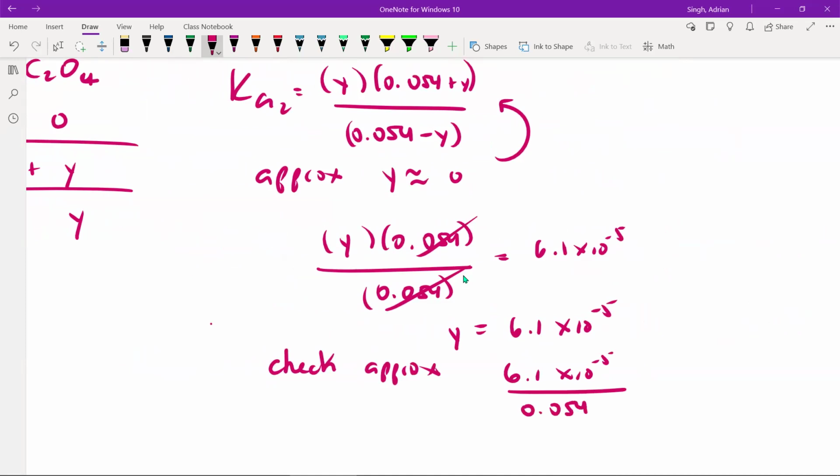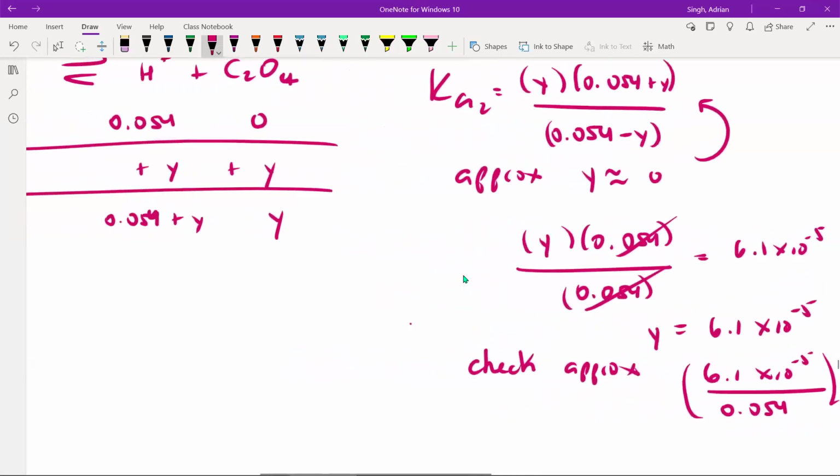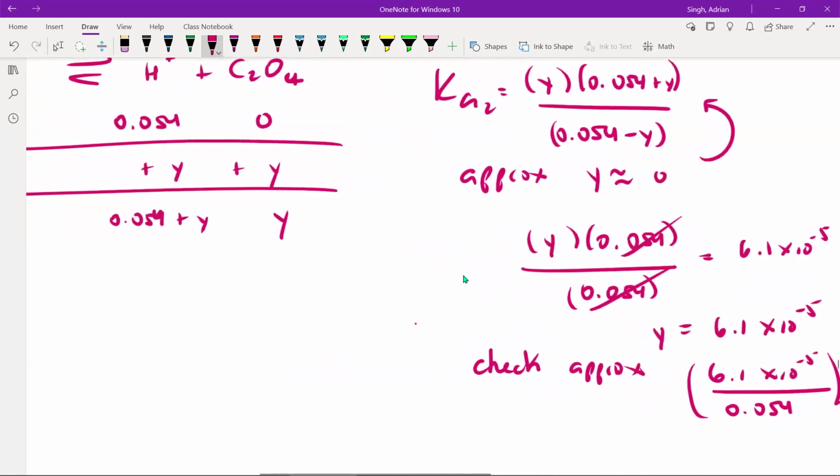And this is for the second ionization, times 100. And then that ends up being 0.11%. That's less than 5%. So that means our approximation is valid. So we end up with Y being 6.1 times 10 to the negative 5 molar.